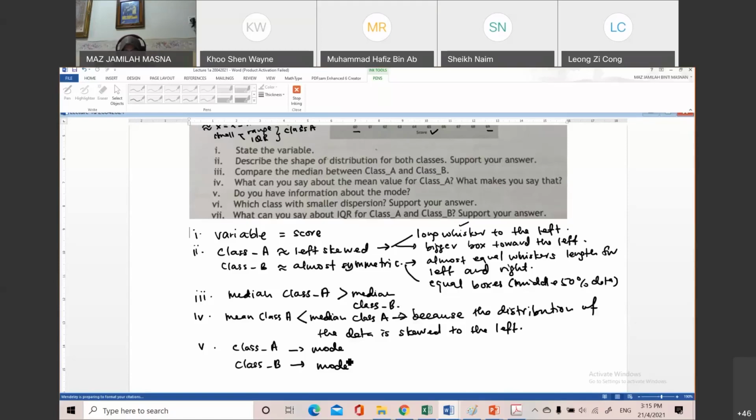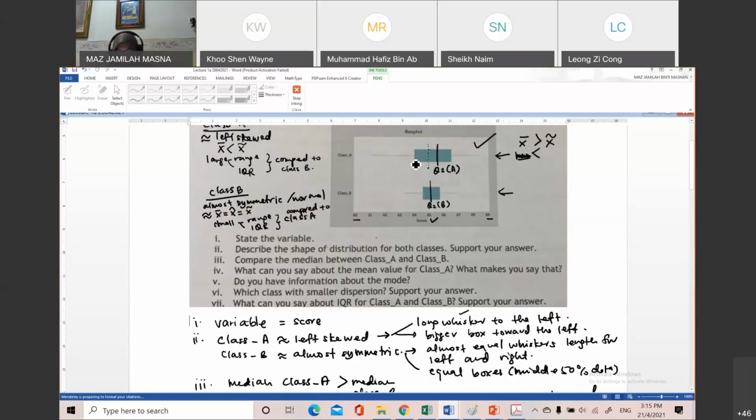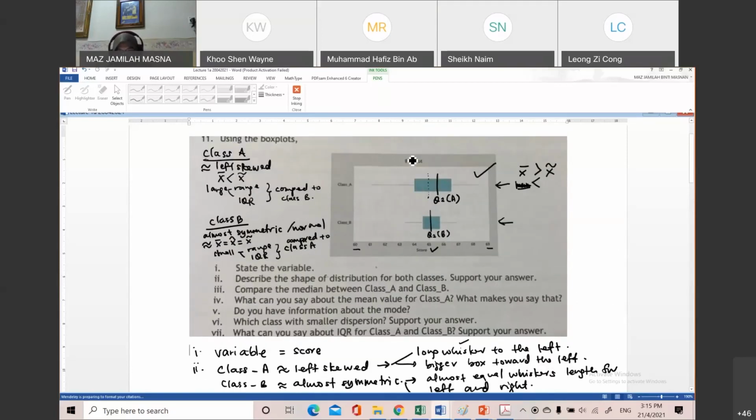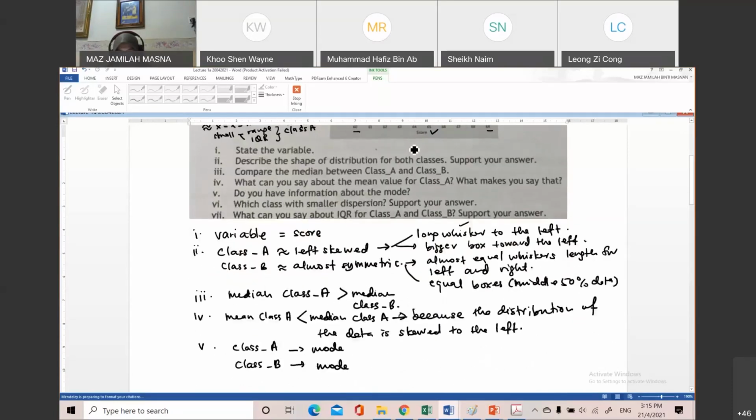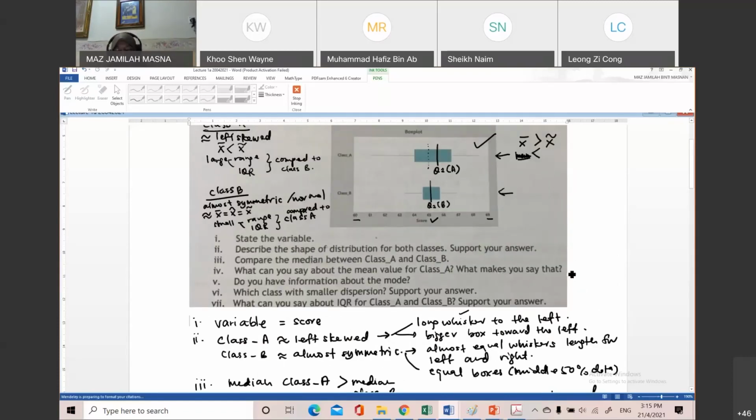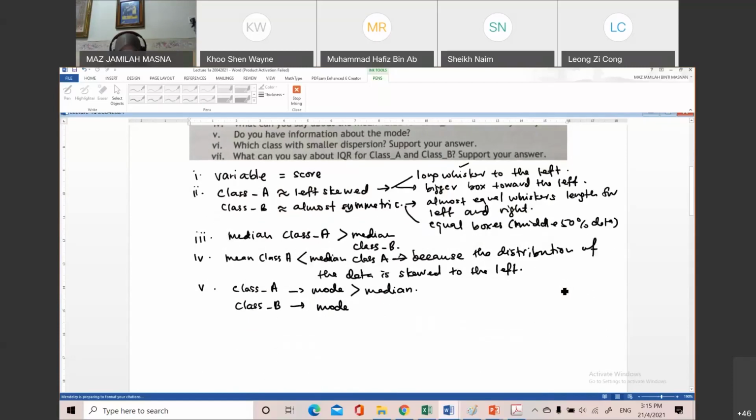Is it smaller or greater? Class A is left skewed, so the mode will be greater or less than the median? It would be greater. Yes, the mode will be greater than the median. What about B, almost symmetric? What about the mode and the median? Almost equal. Yes, the mode is almost equal to the median.